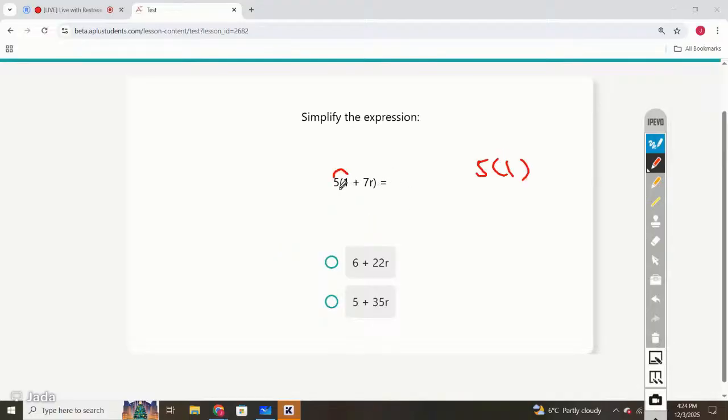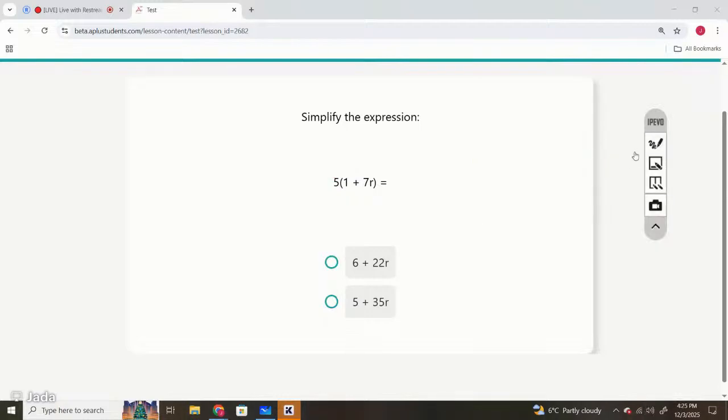You have to do 5 times 1, and then 5 times 7r. 5 times 1 is 5, and 5 times 7 is 35. 5 plus 35r. Option number 2 is the correct option.